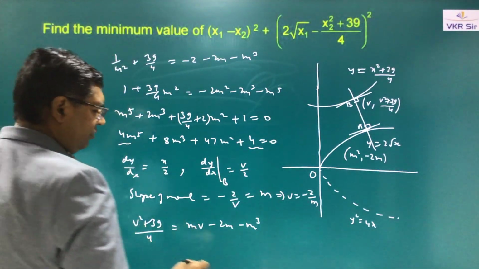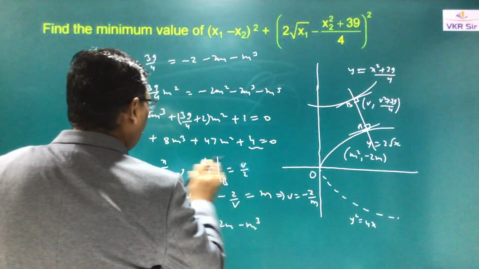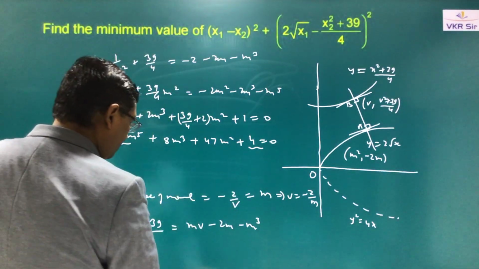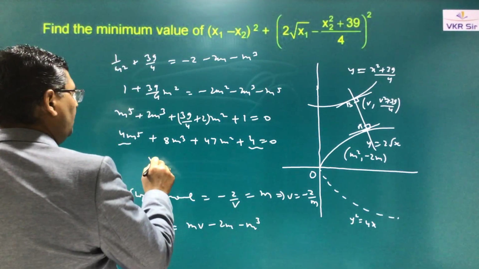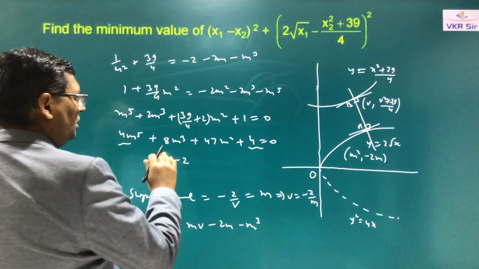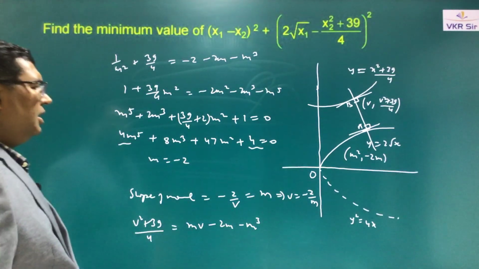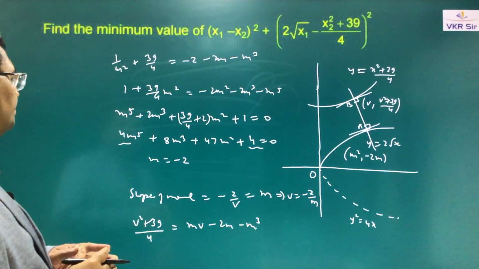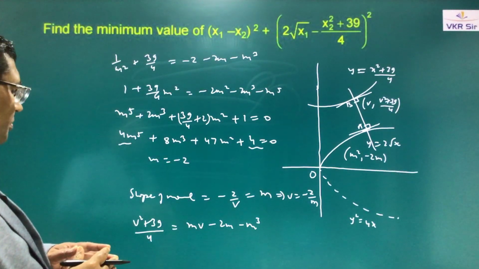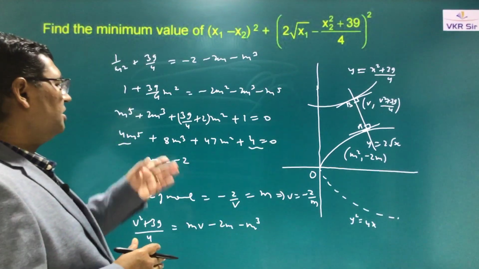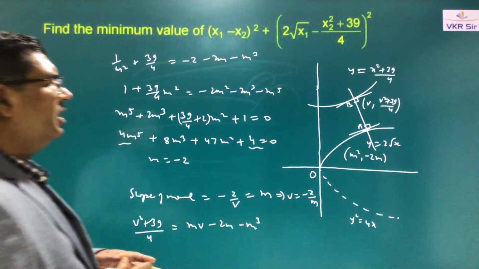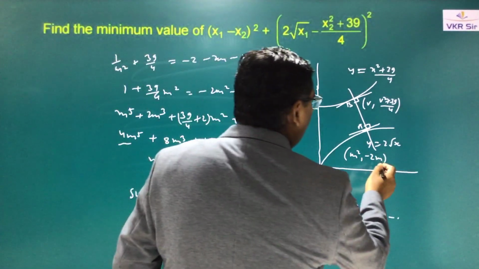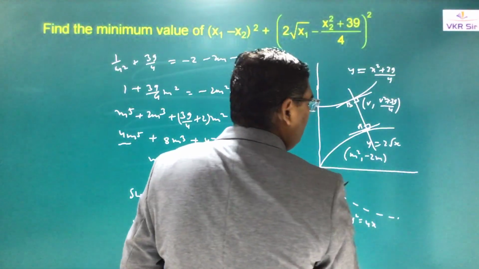Okay. So if you go on trial, you will find that the value of m will be minus 2. Now you can see in this expression that a positive value of m is not required. We want a negative value of m because this is sitting in the first quadrant, isn't it?